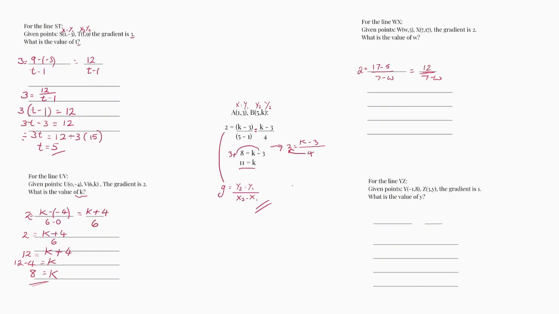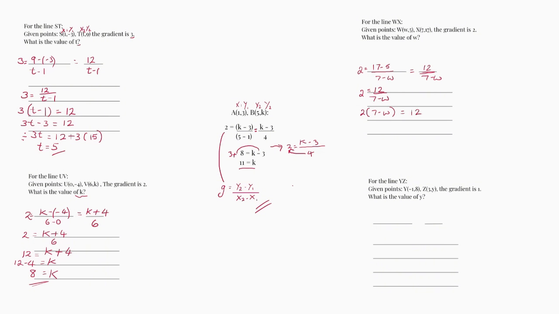So now we're going to put it all together. Now, you don't always have to do this step. I'm just doing it because I'm teaching you. I would know automatically what to multiply, and you will in time. So we put 2 times 7 minus w equals 12.